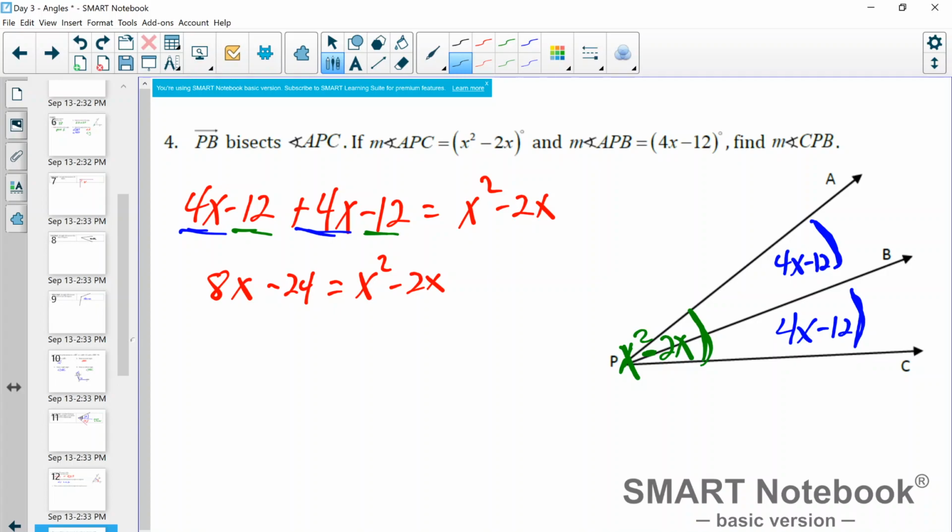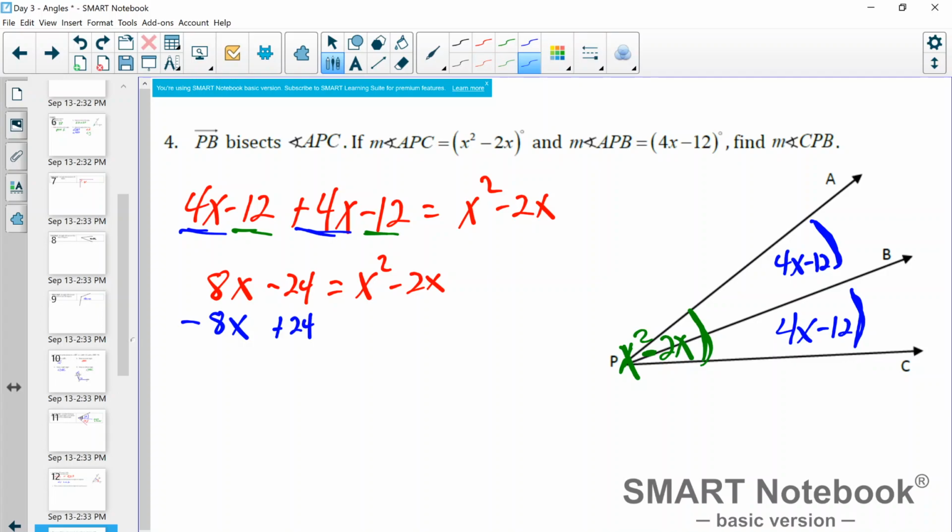Here we have x squared. It's positive. So I'm going to leave the right side alone, and I'm going to move whatever I have on the left-hand side. So to move the 8x over, I do the opposite. No sign means positive, so we have to subtract the 8x. And to move the 24, I have to do the opposite. Here we're subtracting, which means I have to add 24 to both sides.